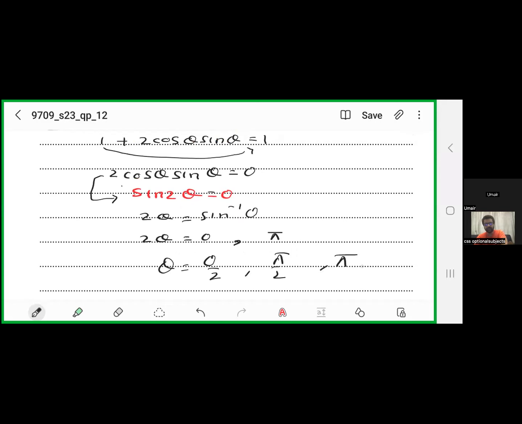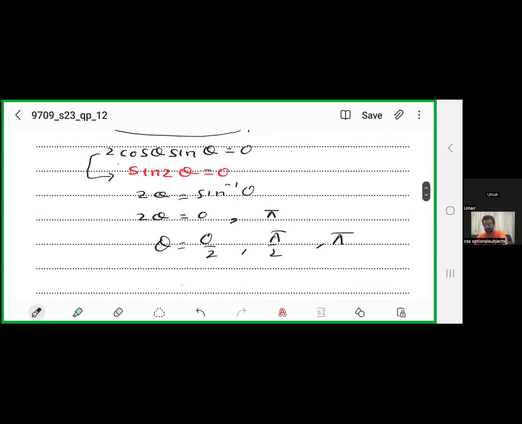These are the various values of theta: 0, then pi by 2, and then pi. Because 2 theta was equal to 0 and 2 theta was equal to pi, this 2 is going to divide this 0 and this pi. Moreover, sine is 0 at 0 and 2 pi, so when you divide this by 2, you will get this pi. This way you can find the answers for theta.